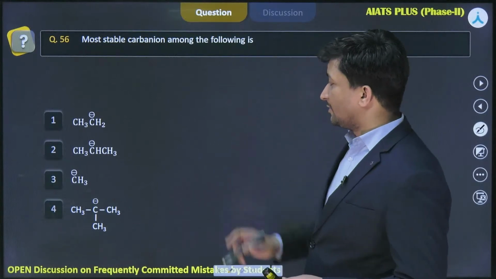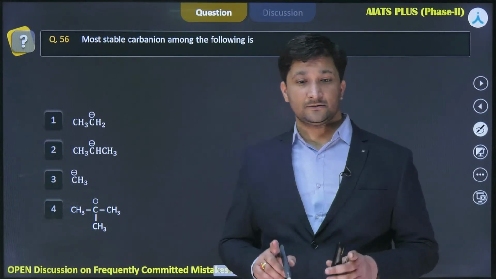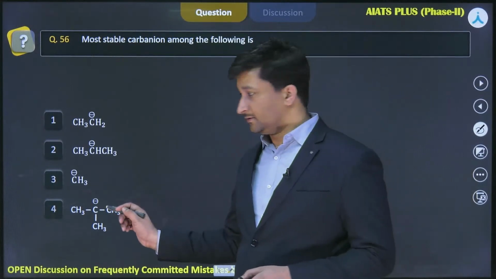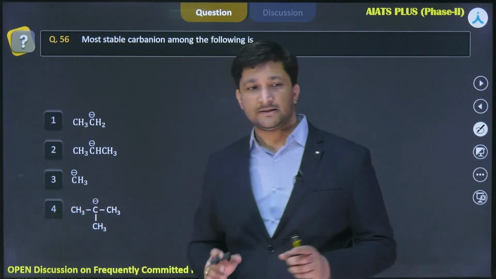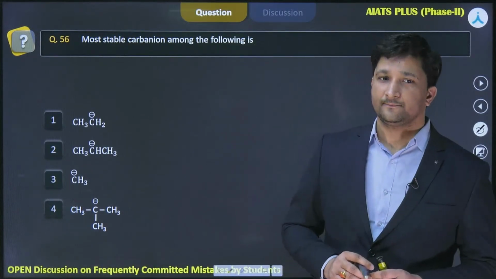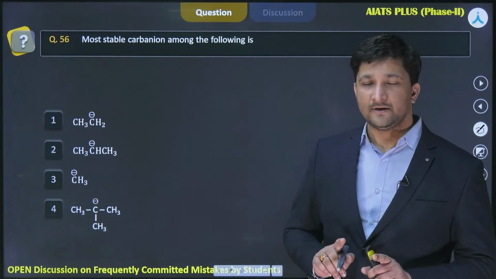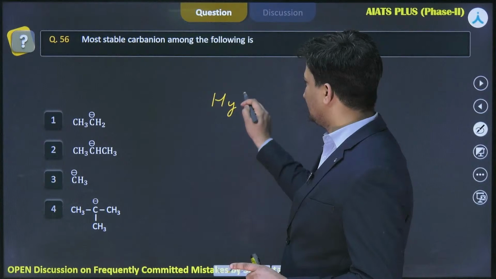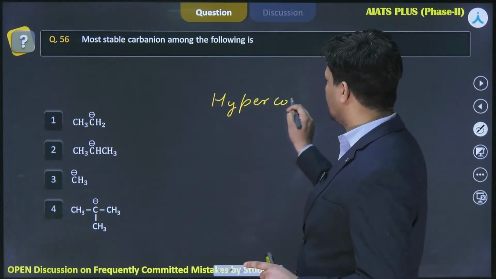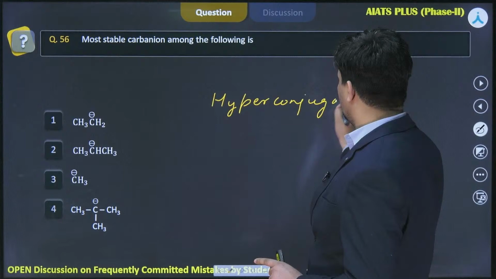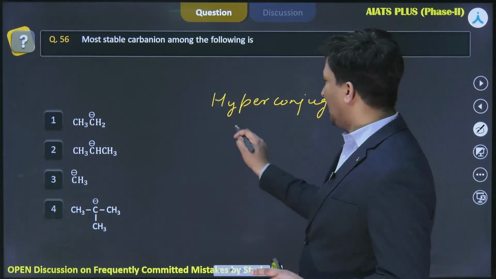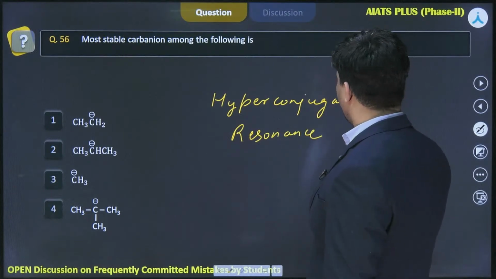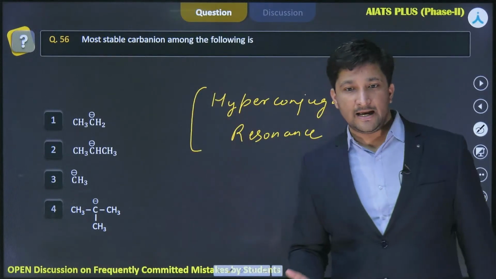Now let's have a look here. Most stable carbon ion among the following is. Inakshi is saying that, sir, option number 4th is correct because it is 3 degree. But that is not the case here. You have to understand the concept very well here: stabilizing forces are hyperconjugation and resonance. Both of them are not applicable here.